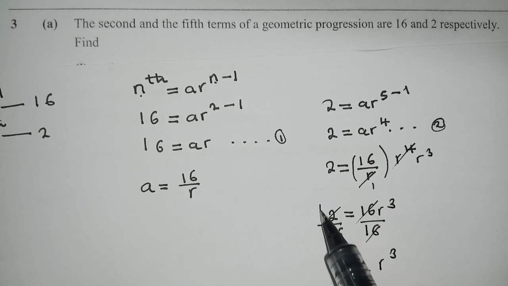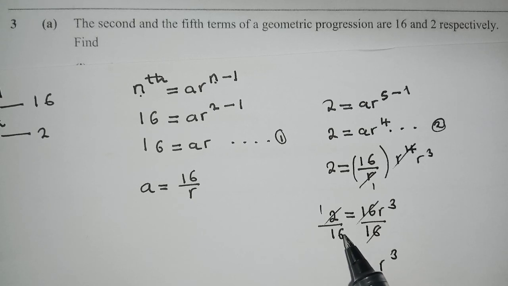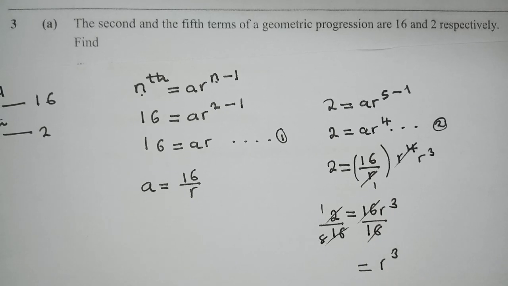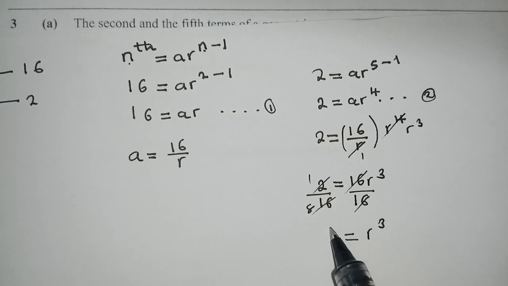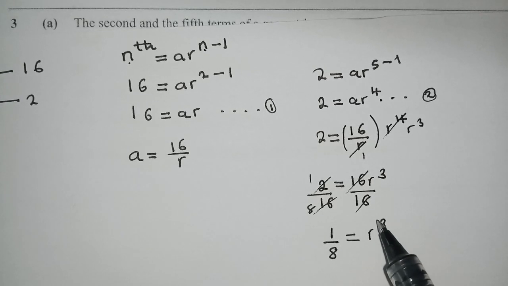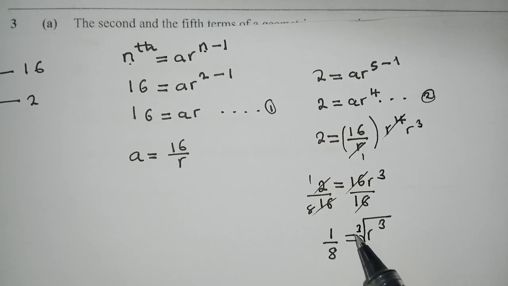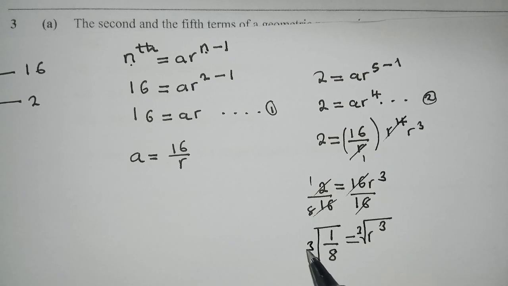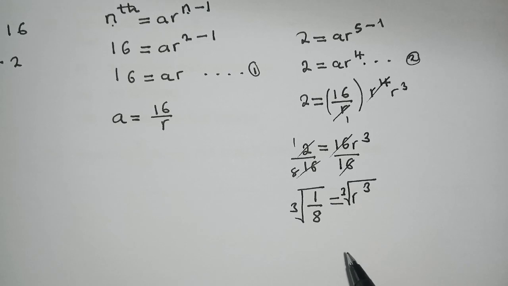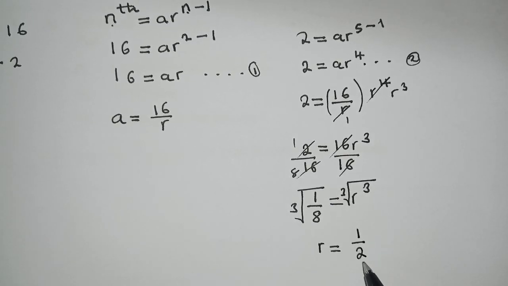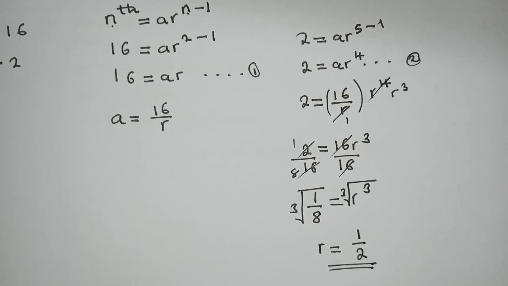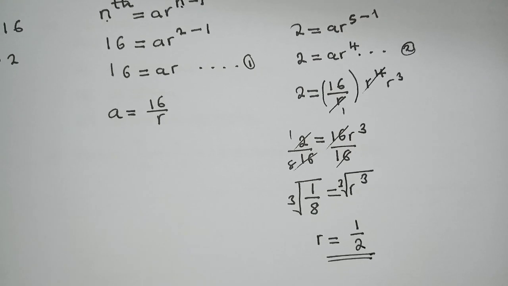This side, 1 into 2, 1 into 16, 8. So we have 1 over 8. We find the cube root. Our answer will be r is equal to 1 over 2. So we found our r to be equal to 1 over 2.